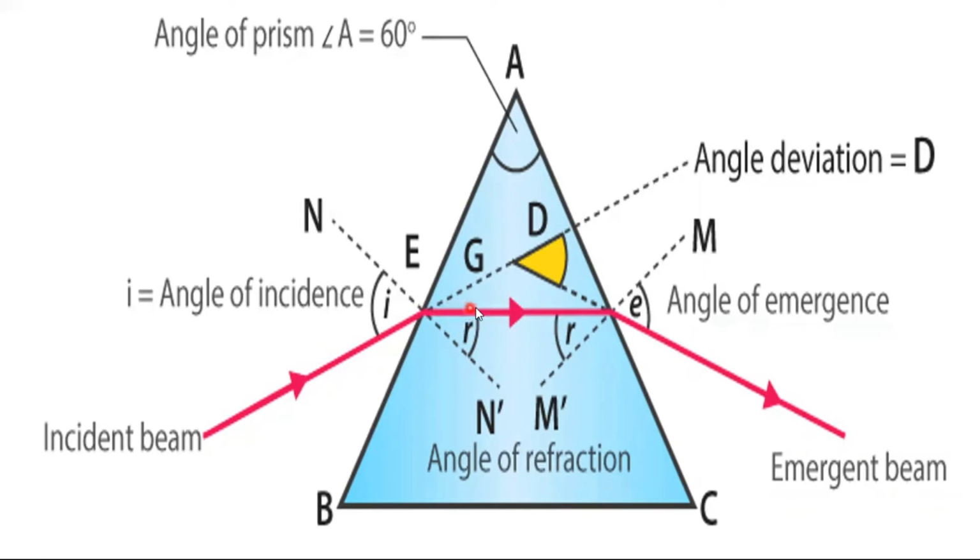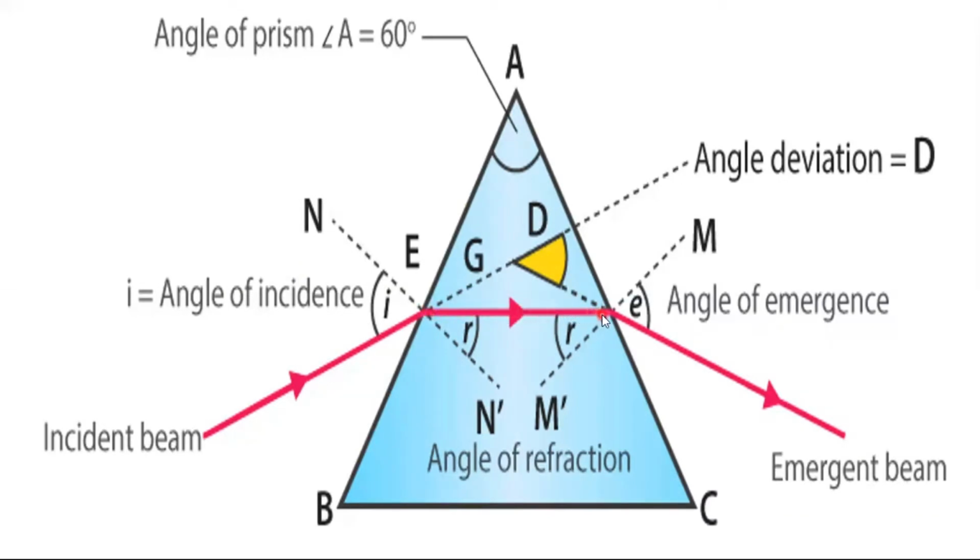When it enters the prism, it is moving from an optically rarer to an optically denser medium, because the material used in this prism is glass, which is optically denser.